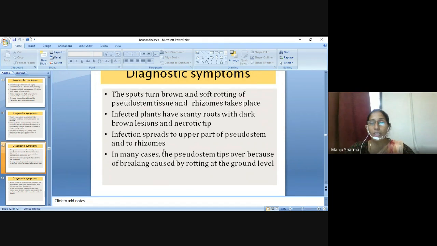The spots turn brown and soft rotting of pseudostem tissue and rhizomes takes place. Infected plants have scanty roots with dark brown lesions and necrotic tips. Infection spreads to the upper part of the pseudostem and to the rhizome. In many cases, the pseudostem tips over because of breaking caused by rotting at ground level.